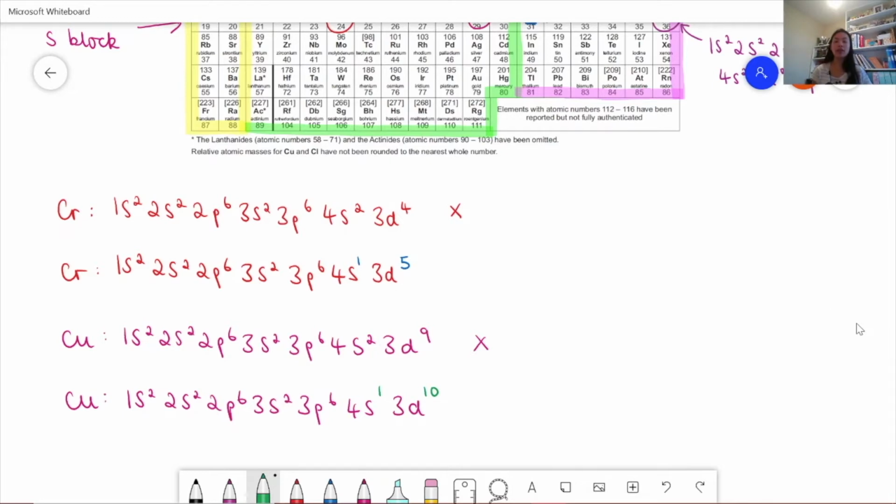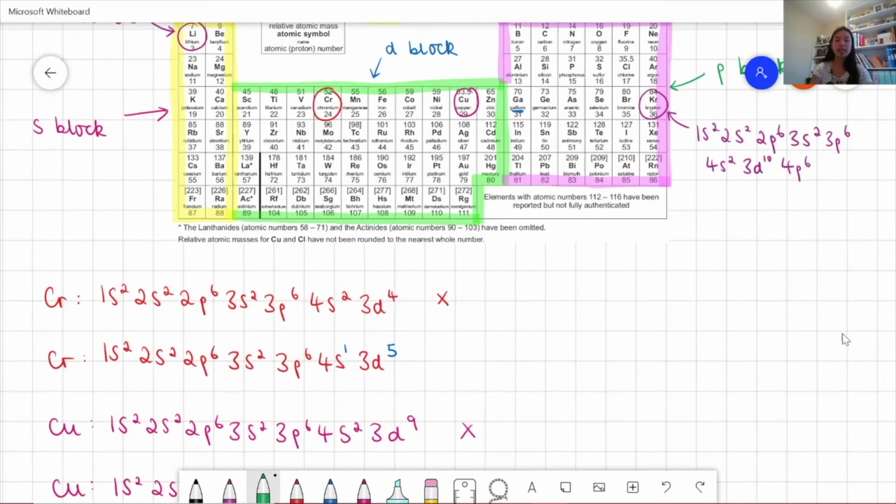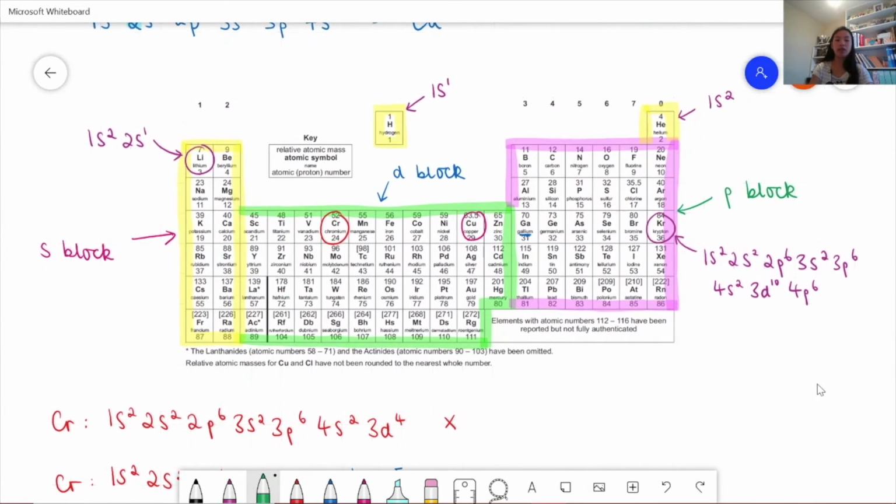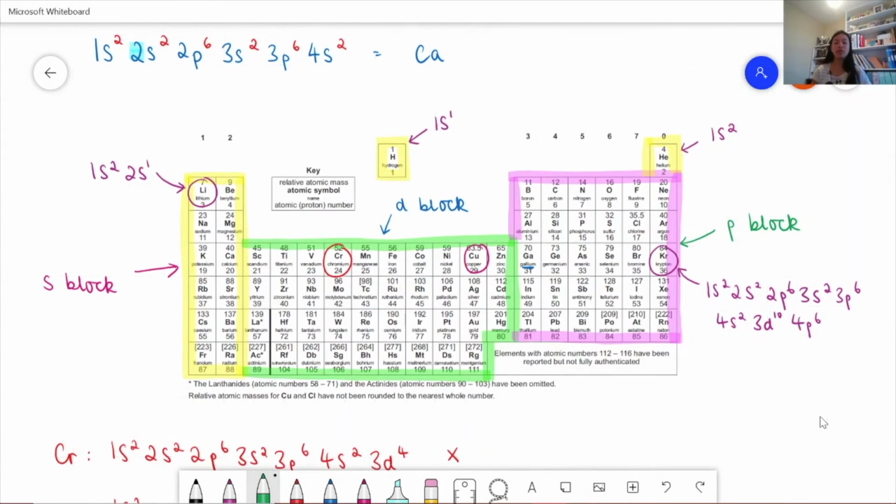And also something really important to notice is that even though I said that you could work out using the period which main energy level the outermost electrons are in, it's not entirely true, because if we look at the D block, the first period of the D block is actually in group 4, but those outer electrons are in the 3d orbital, like we have for chromium and copper. And so for the D block, we always have to minus 1 from the period to find which main energy level the outer electron is in.